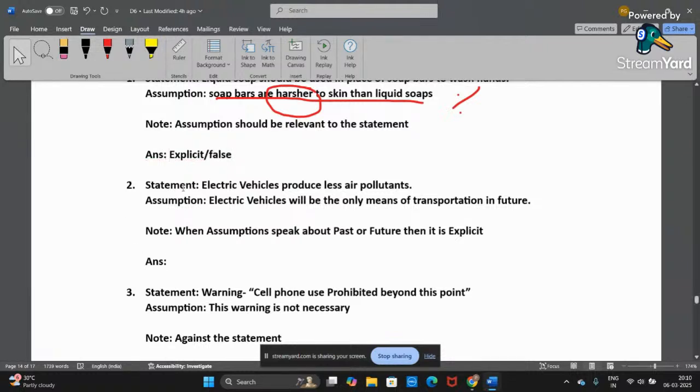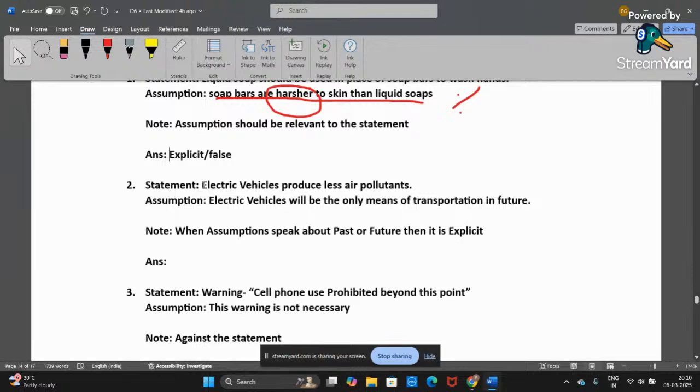Now, read the statement, sorry, read the assumption and analyze. The statement: electric vehicles produce less air pollutant. The assumption should be related to the statement. The assumption: electric vehicle will be the only means of transportation in future.